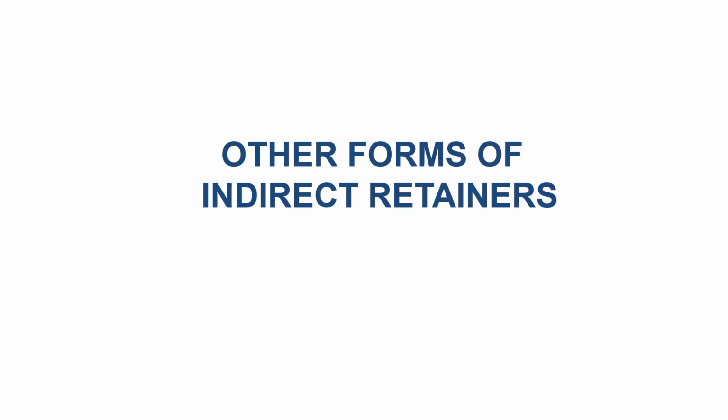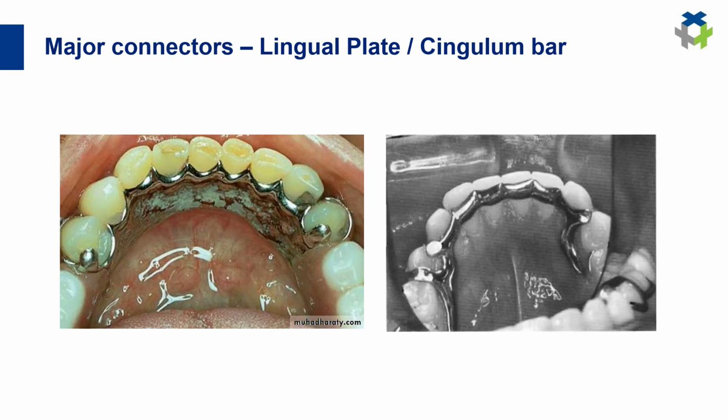So what are the other forms of indirect retainer apart from your cingulum or incisal rest or additional rest? One, the major connectors, that is the lingual plate in the mandible, can act as an indirect retainer, but only when it is supported by an occlusal rest either on the premolar or on the canine.